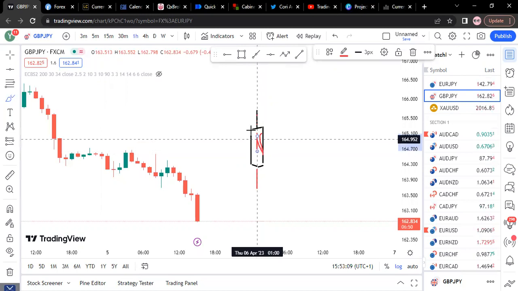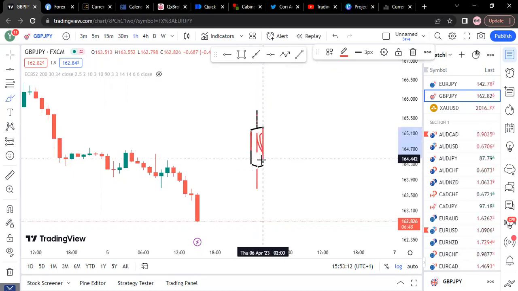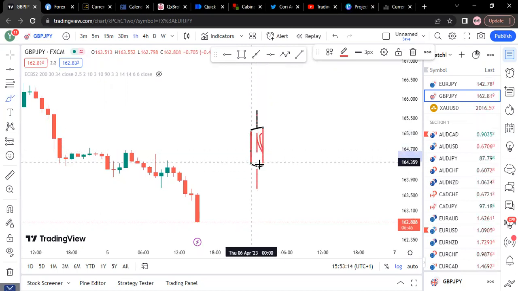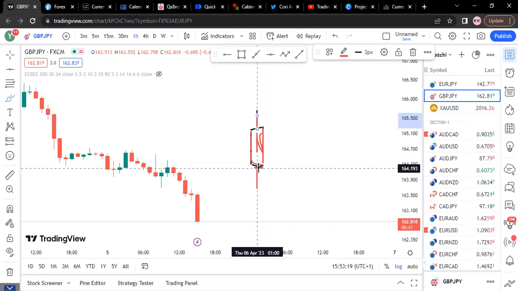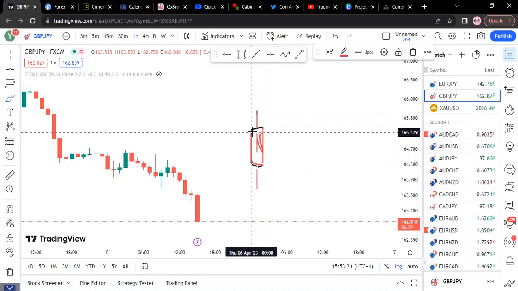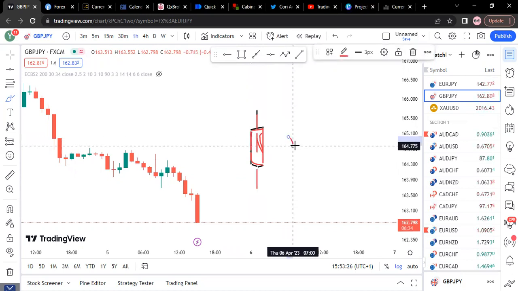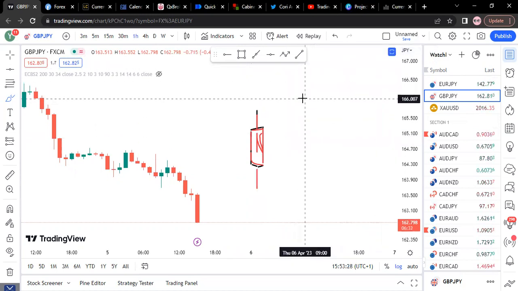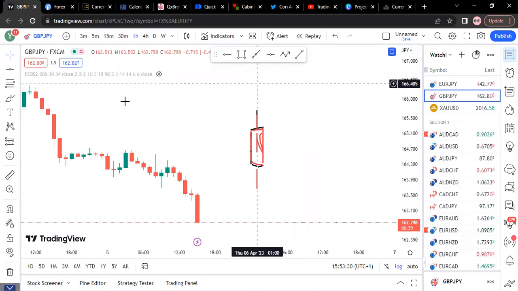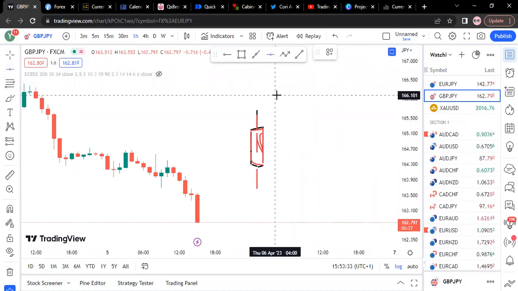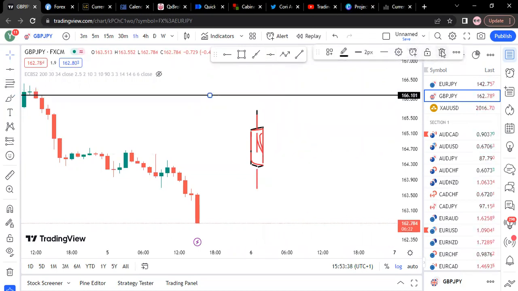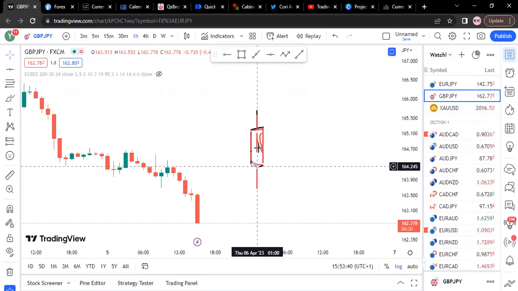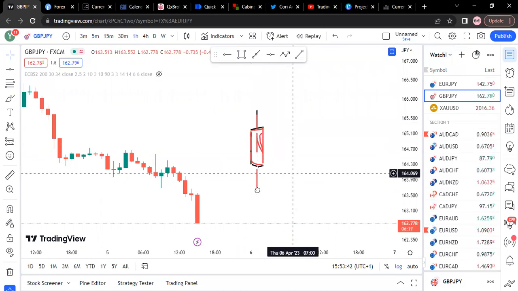So let's assume this is a red candle. On this candle, what this candle represents basically is that this is a bearish candle, if you understood what I said previously.